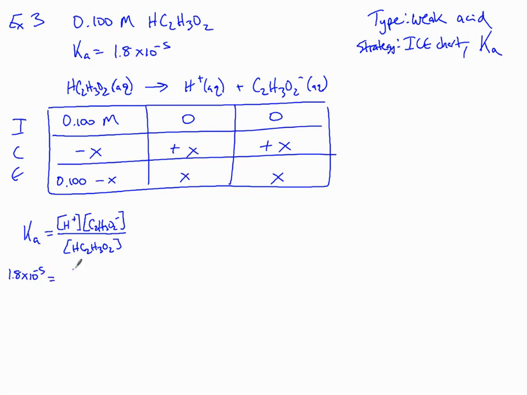Hydrogen concentration is X. The acetate concentration is X. And acetic acid, 0.1 minus X. This is going to make for some really complex math unless you do the shortcut. In chemistry, we assume that we use the shortcut.